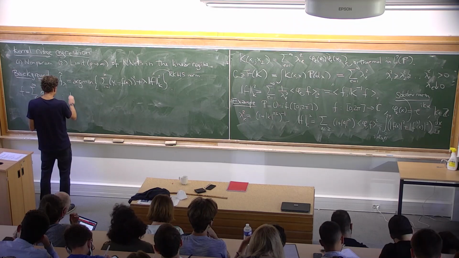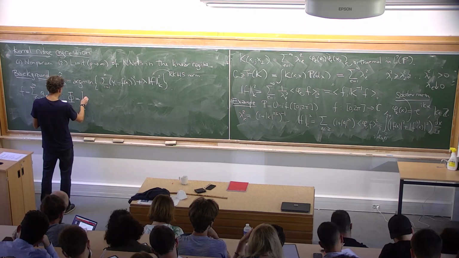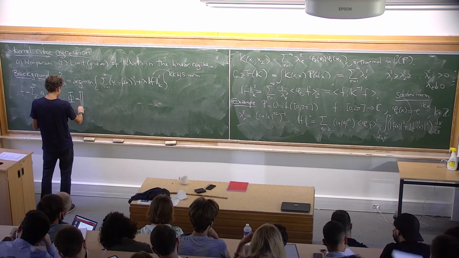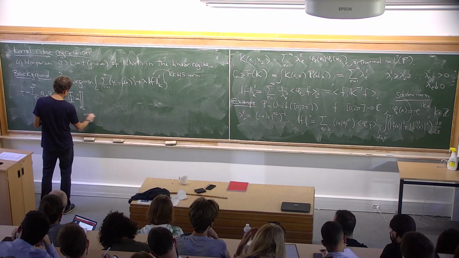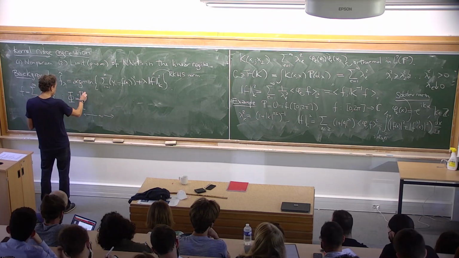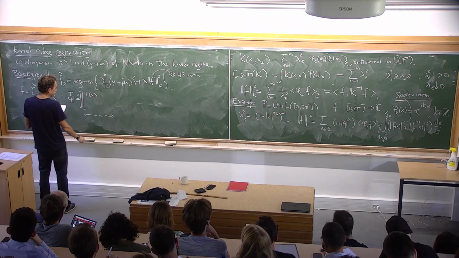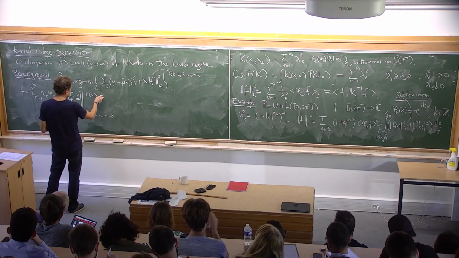If you expand in the basis of eigenvectors, it's convenient to define a matrix phi. It is a matrix that has n rows and infinitely many columns. Each row corresponds to one data point, x1, and is the evaluation of all the basis functions on that data point.